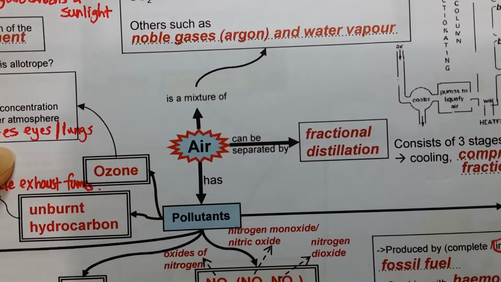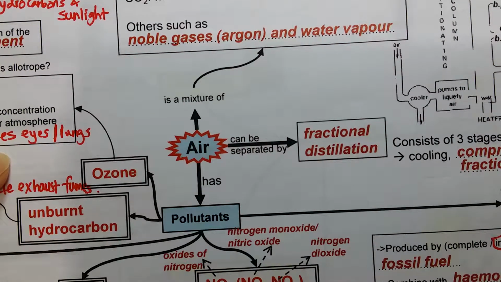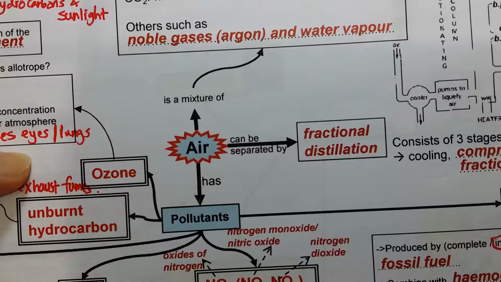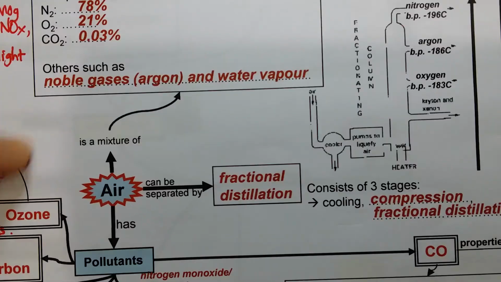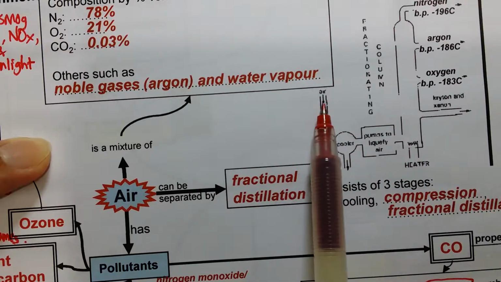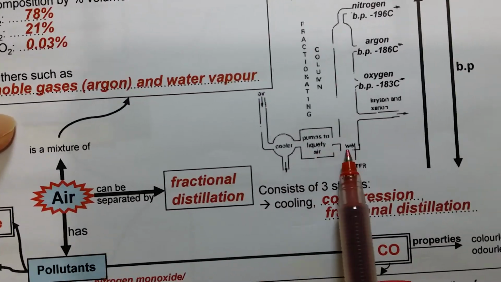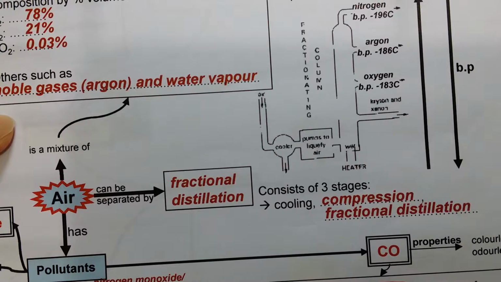Now, the different components in the air can be separated by fractional distillation, because the different gases in the air have different boiling points. So the first thing that needs to be done is to cool, as well as to compress, the air into liquid air.